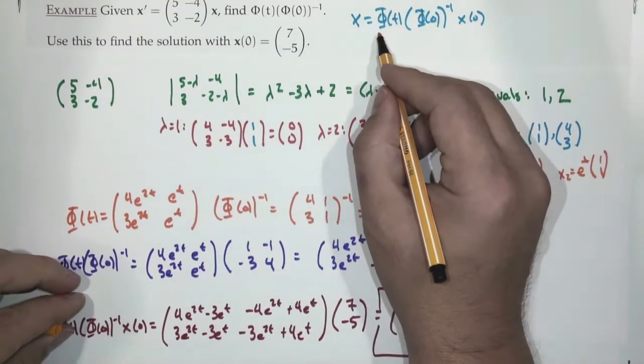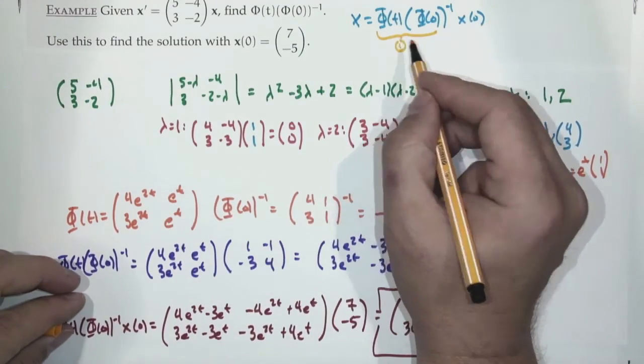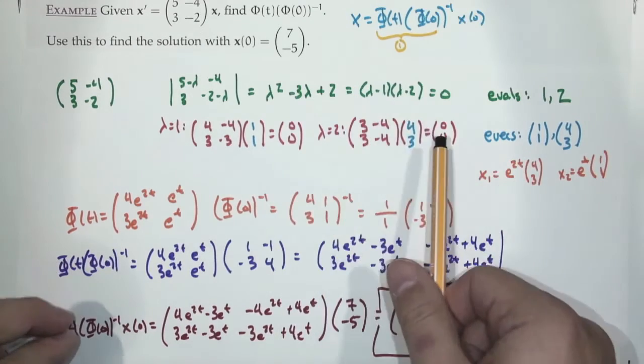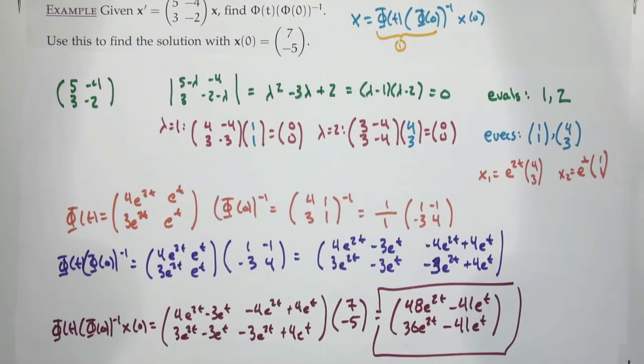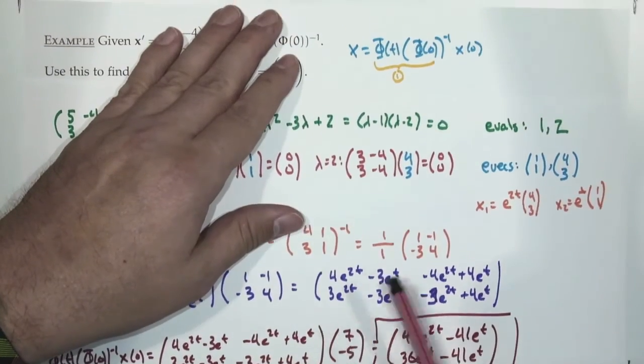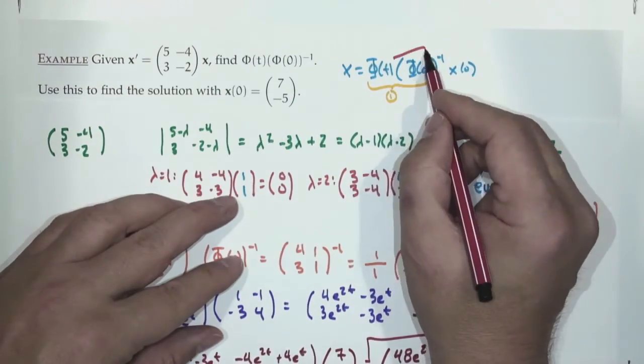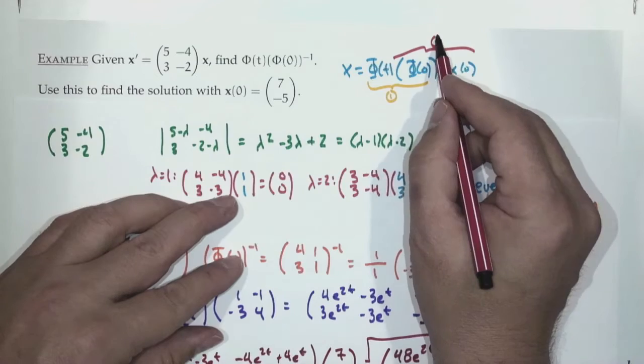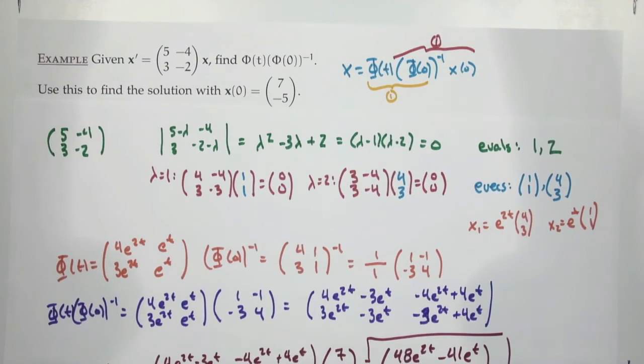And we did it in this order. We first multiplied phi of t, phi 0 inverse, and then we multiplied by x of 0. That's certainly a legal way to do it. However, in practice, it's usually easier to do that first. Multiply the phi 0 inverse times x of 0.